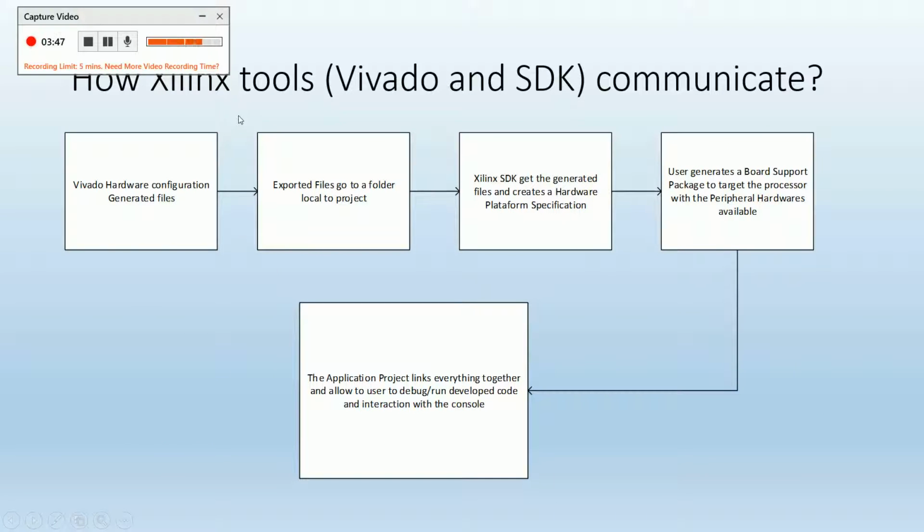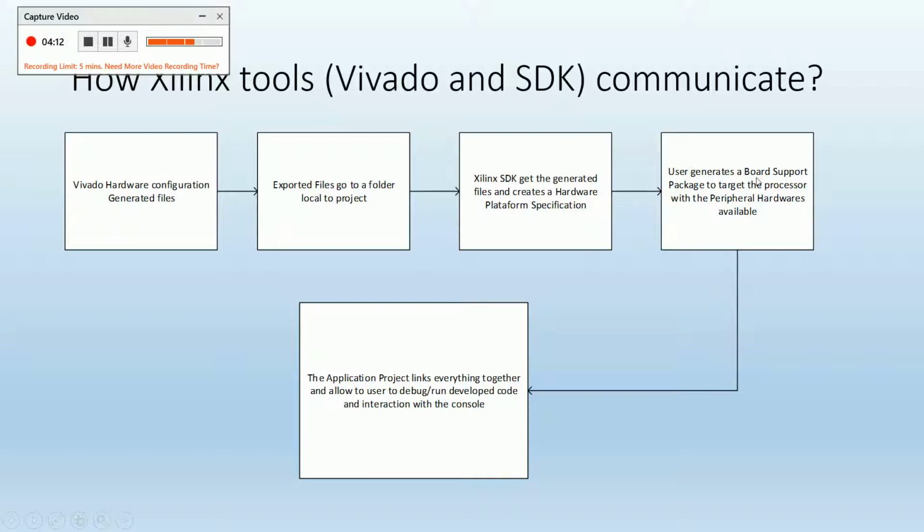So how will those Xilinx tools communicate with each other? We're going to make the Vivado hardware configuration generate files for you, and then we're going to export those files to a folder local to your project in Vivado. Then we're going to launch the SDK to generate files and create a hardware platform specification for your board.